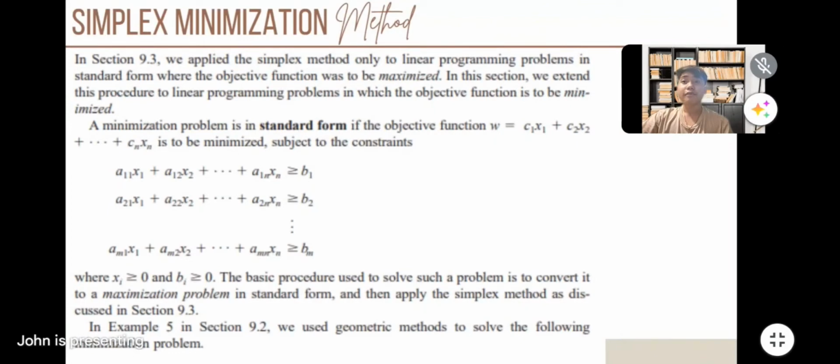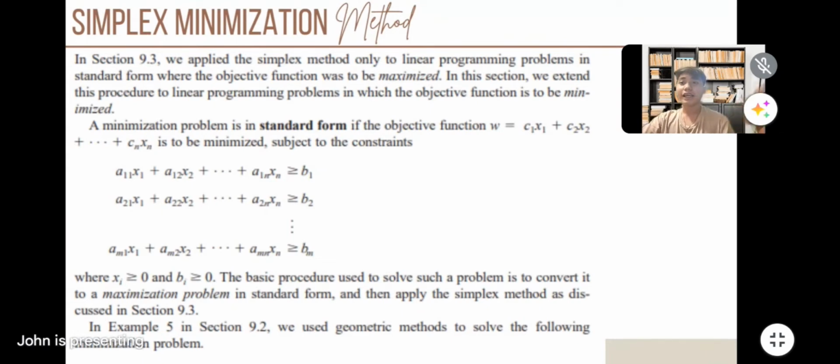A minimization problem is in standard form if the objective function w equals c sub 1 x sub 1 plus c sub 2 x sub 2 and so on is to be minimized subject to the constraints.